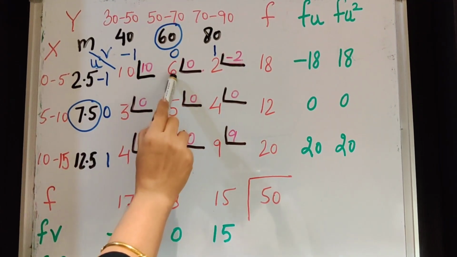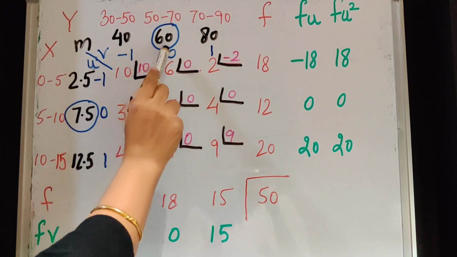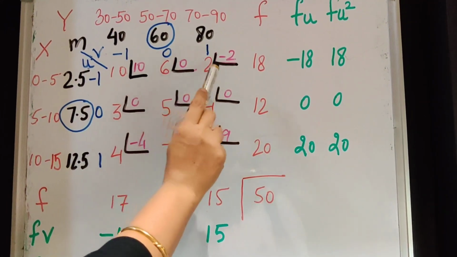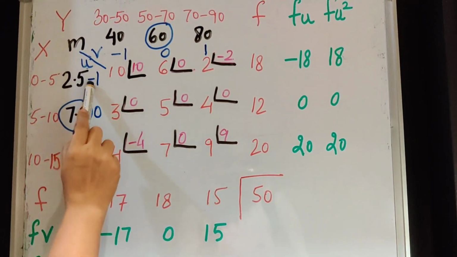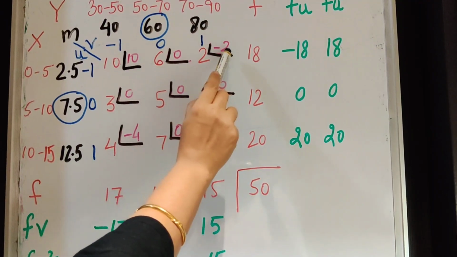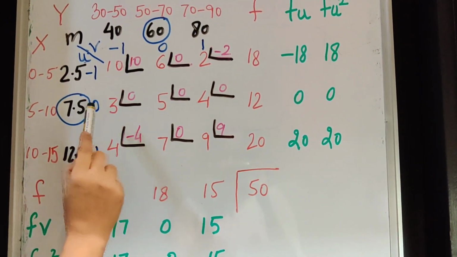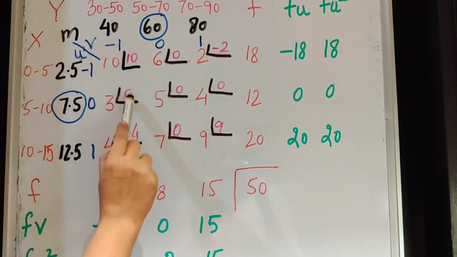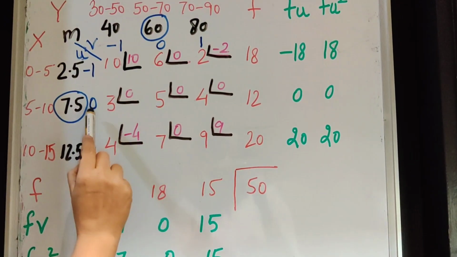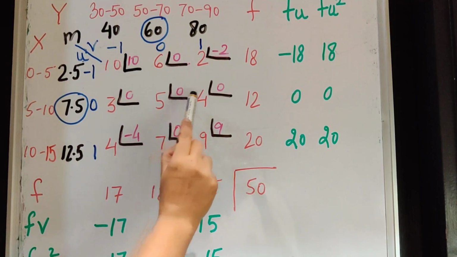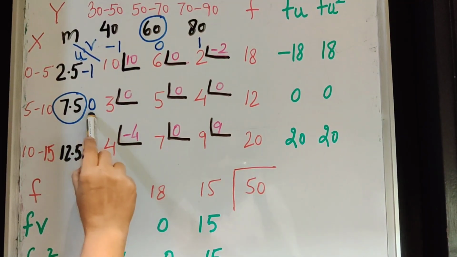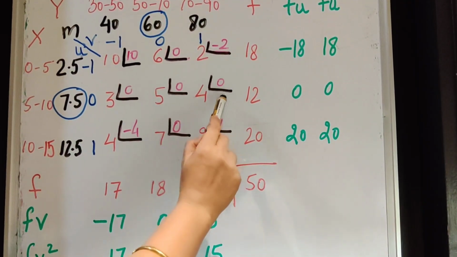Likewise, 6 multiplied by minus 1 and 0 gives me 0. 2 multiplied by minus 1 and 1 gives me minus 2. Then here 3 multiplied with 0 and minus 1 gives me 0. 5 multiplied with 0 and 0 gives me 0. 4 multiplied with 0 and 1 gives me 0.